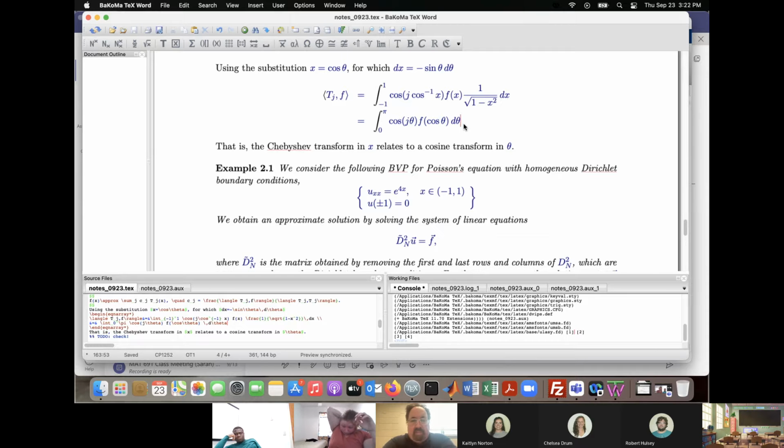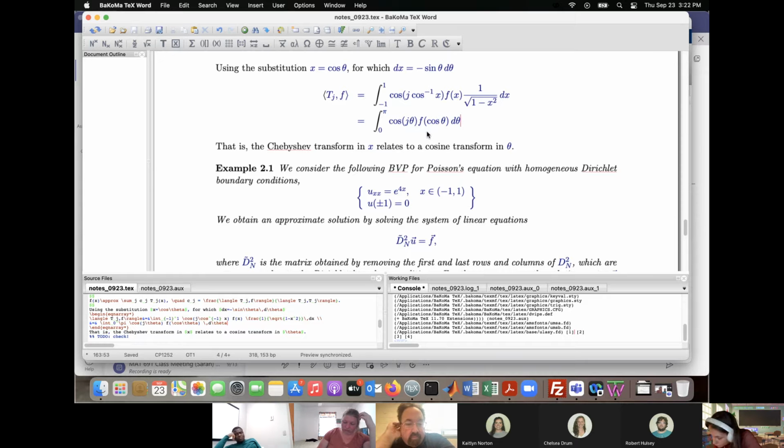A lot of operations with Chebyshev polynomials can be carried out efficiently by changing to theta land and using the FFT. So the efficiency compared to Fourier spectral methods is about the same.